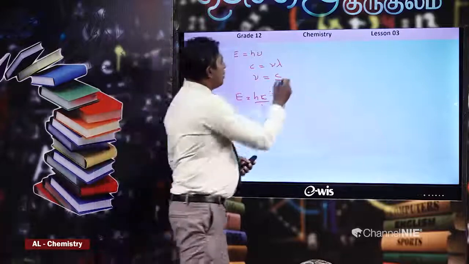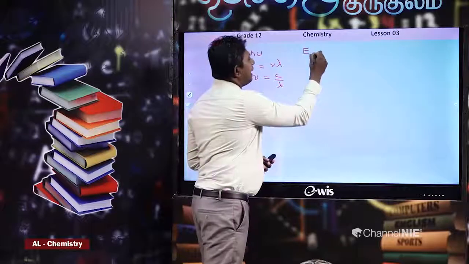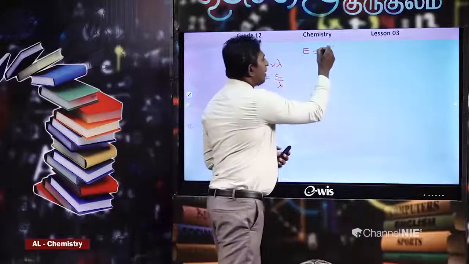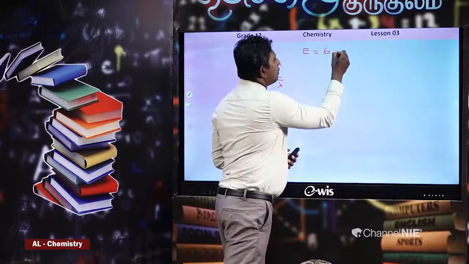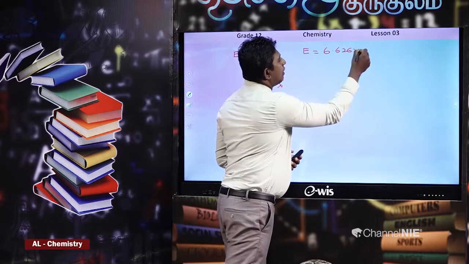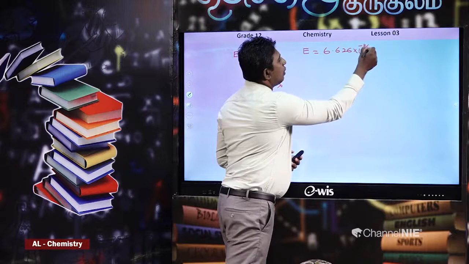Okay then students, let's find it out. The energy amount standing for one photon of electromagnetic radiation having a wavelength of 400 nanometers. So, Planck constant is the same, 6.626 times 10 to the power minus 34 joule second.